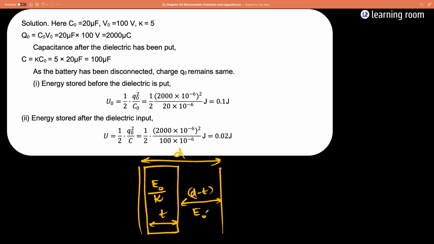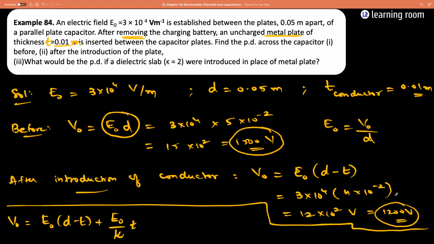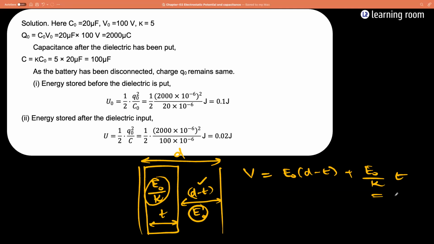Outside in the air medium, the electric field is going to be E naught. So can I say that the total potential is contributed by E naught multiplied with D minus T plus E naught by kappa multiplied with T? That is the reason why I wrote this expression. Check, they both are the same.